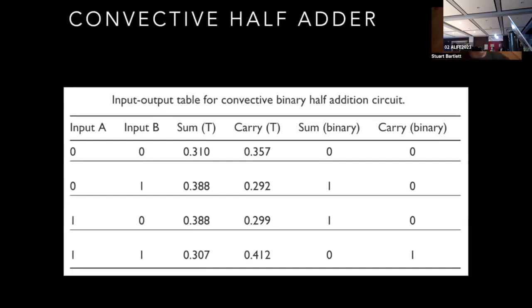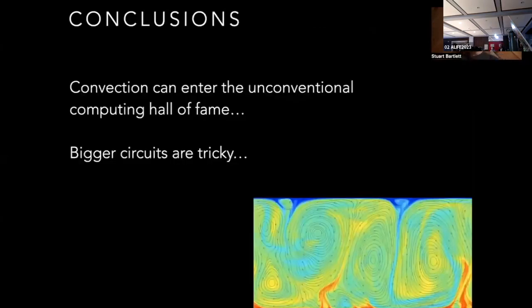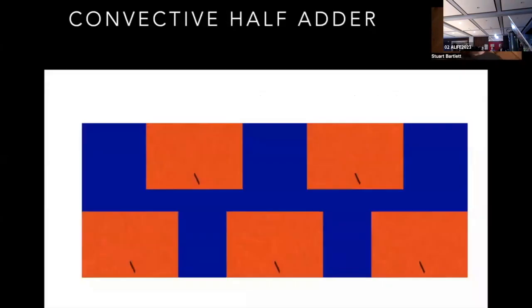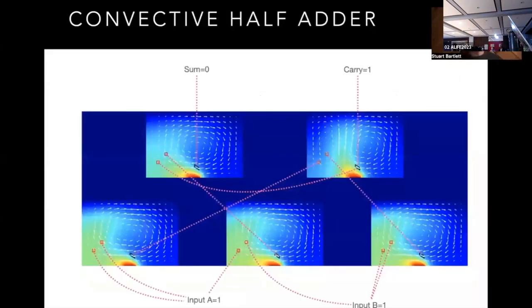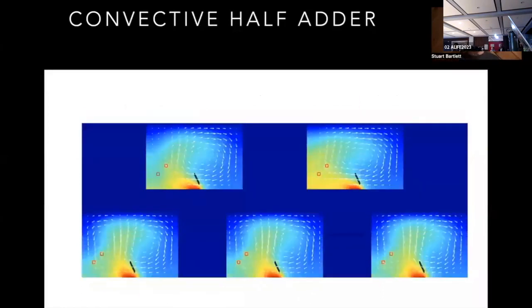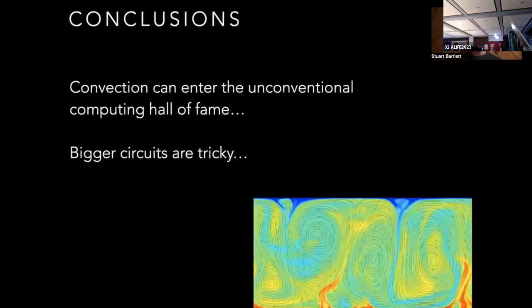So this half adder circuit does exhibit the correct truth table. But of course, as we saw earlier, it is tricky, and there are some distortions in the flow field. And the reality is that we really need a nice form of error correction on this convective computation system. And that's something that we were thinking about back then.